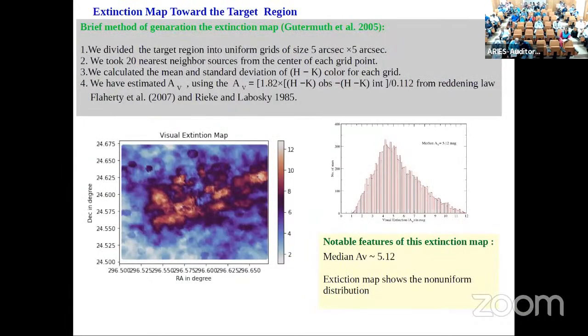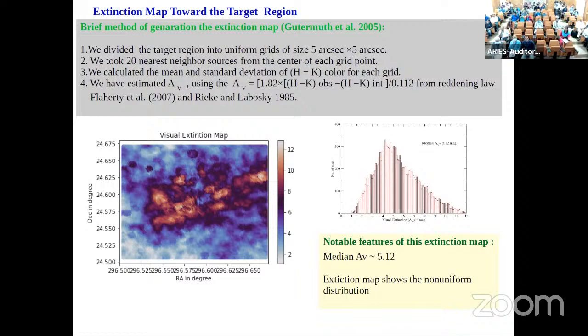From the near infrared data, we have generated this extinction map. First, I want to tell you briefly about the generation of the extinction map. We have followed the standard method of Gutermuth et al. 2005. Here we divided the target region into uniform bins of size 5 arcsecond by 5 arcsecond, and from the center of each bin, we determined the 20 nearest neighbor sources.